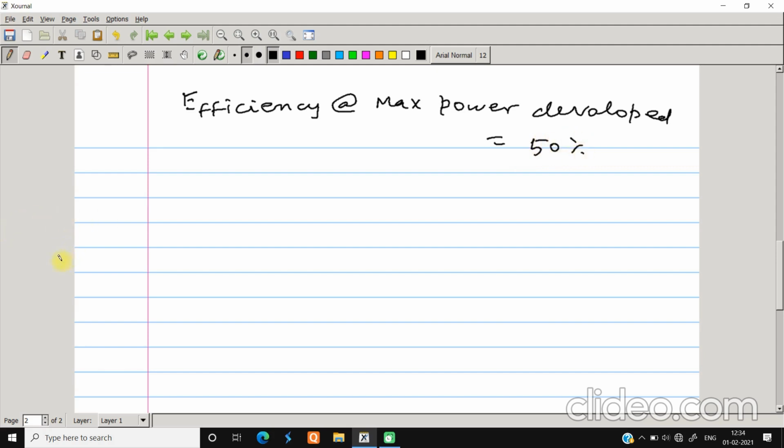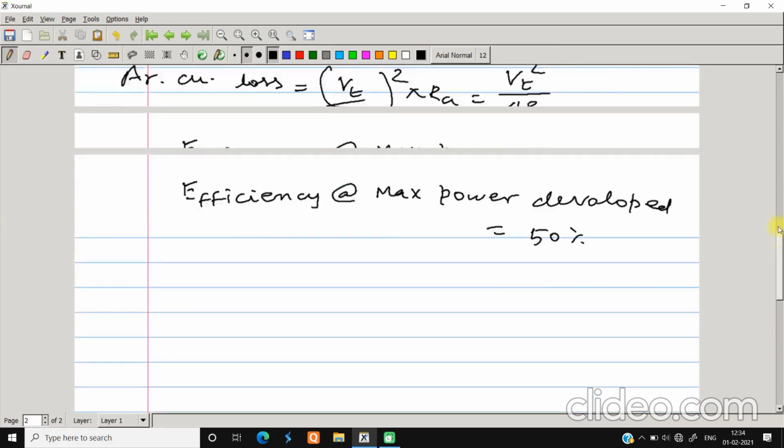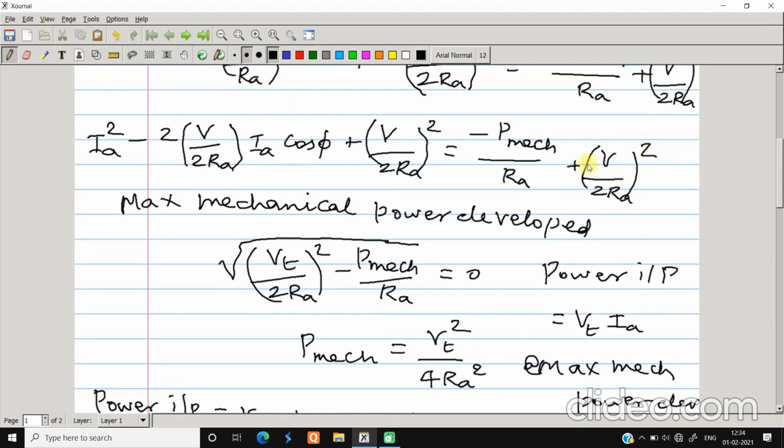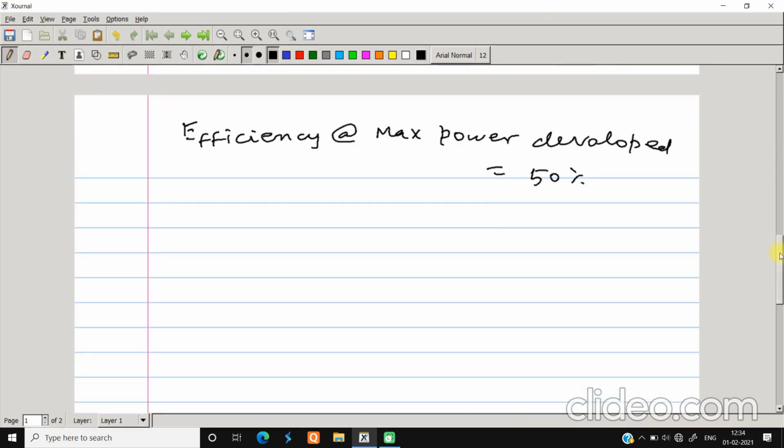So the above equation which we have derived will be taken now by rearranging this equation, that is, making these terms come to this side, then (Vt by 2Ra) the whole square and (Vt by 2Ra) the whole square will get cancelled by placing these two terms in this fashion.